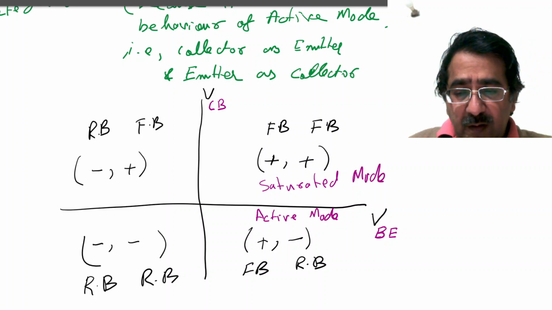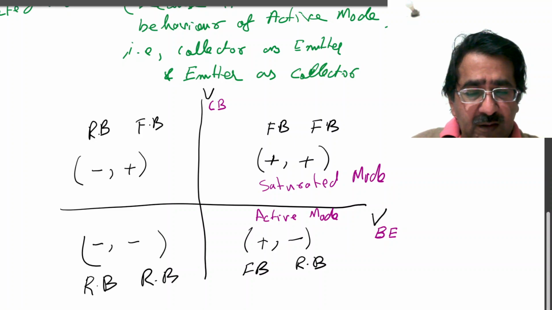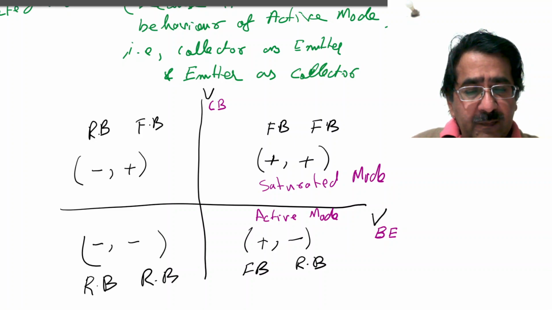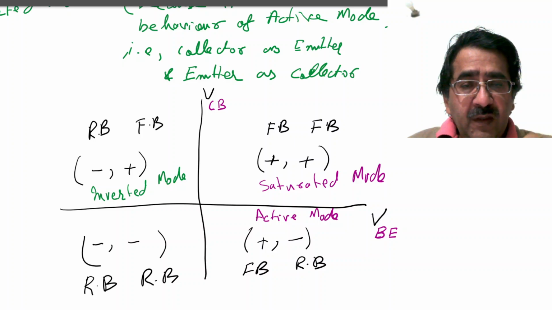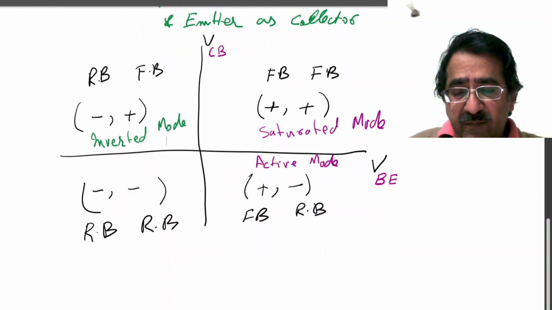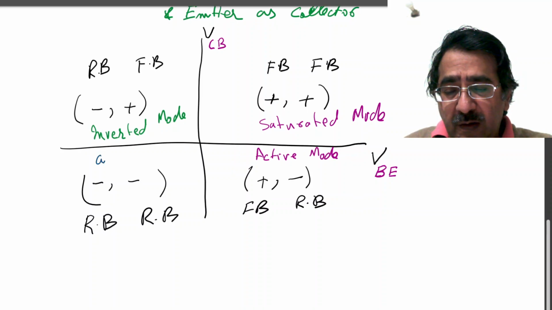If the base-emitter junction is reverse biased and the collector-base junction is forward biased, that is the reverse of the active mode, and we may say this is the inverted mode of the transistor. And when both are reverse biased, that will be the cutoff mode.